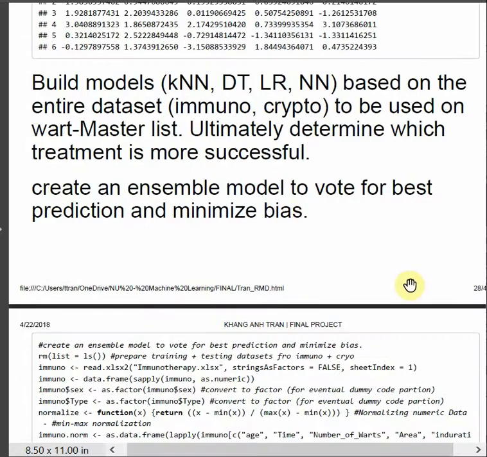Finally, after I examined all my data sets individually based on KNN, logistic regression, and neural networking, I wanted to use the model in a more real-life approach to see which treatment is relatively better, immunotherapy or cryotherapy.